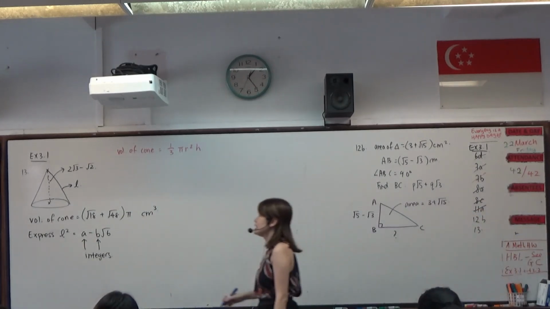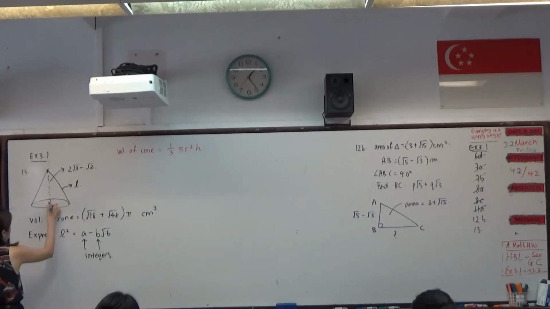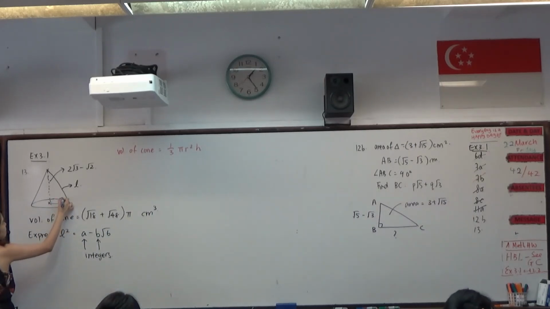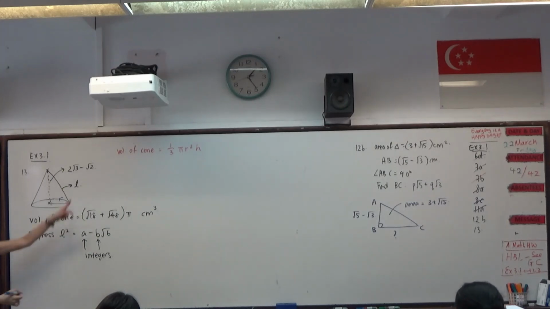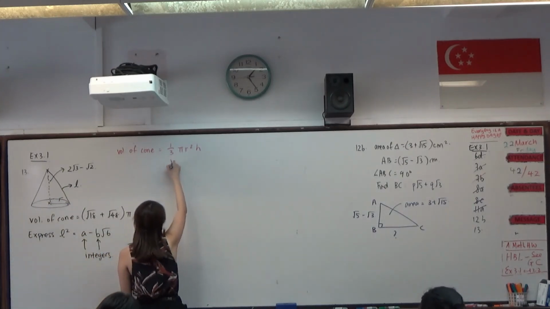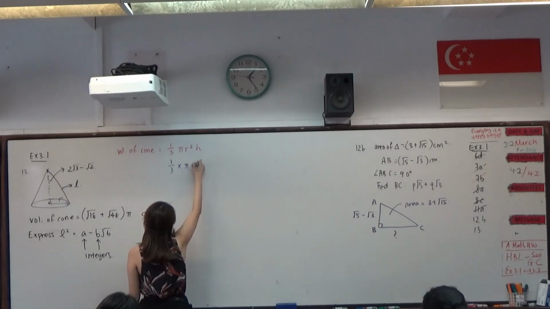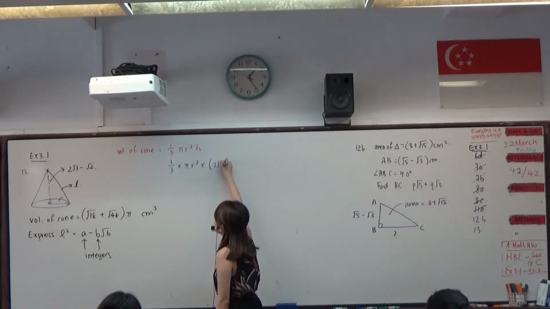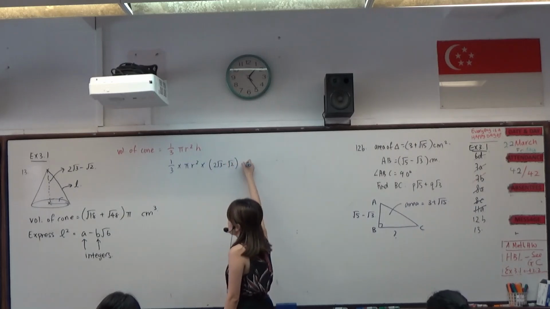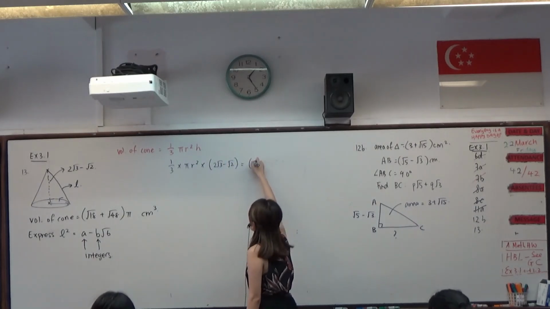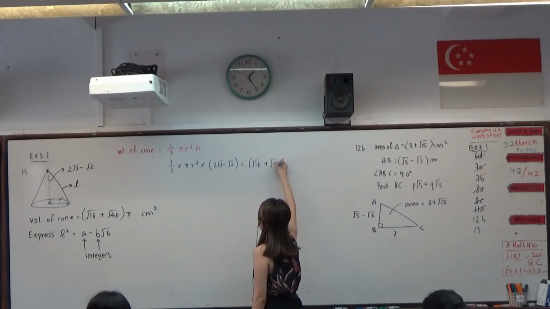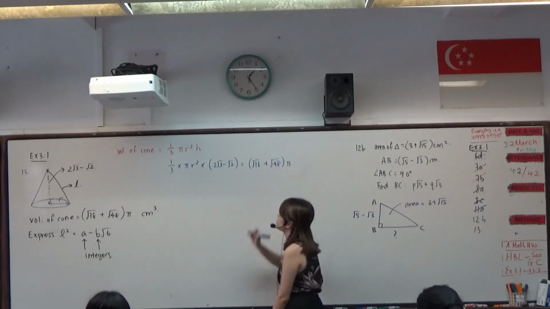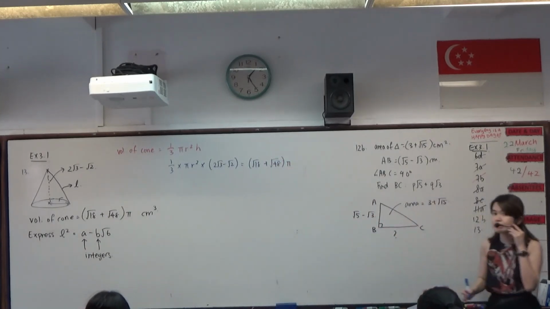No. So we need to figure out what is the radius. So I define R to be the radius. Using my volume of cone formula, 1/3 times pi r squared times the height, which is 2 root 3 minus root 2, will have to be equal to root 18 plus root 48 pi. So I can form this equation here.